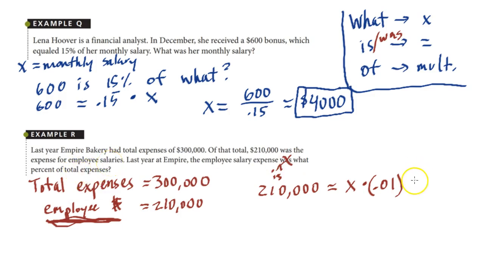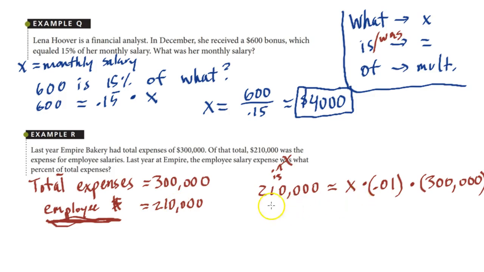What percent of total expenses? Total expenses we already know is 300,000. And we have the "of" right here, which is multiply, total expenses, which is 300,000. So we build this equation. Sometimes you might have to write down the given information in the problem: total expenses 300,000, employee 210,000, and then wherever it appears in the statement that we're converting into an equation, you have to substitute those values in.